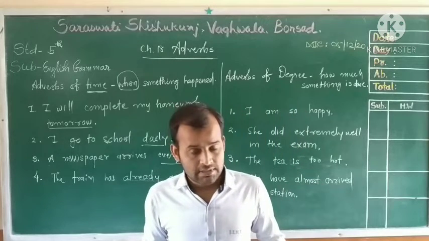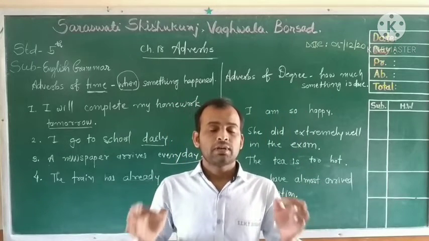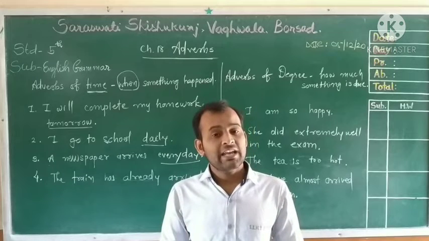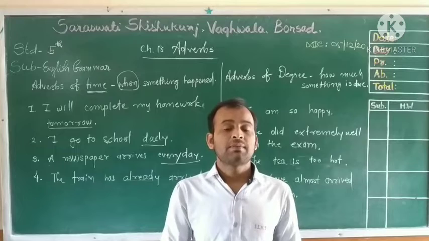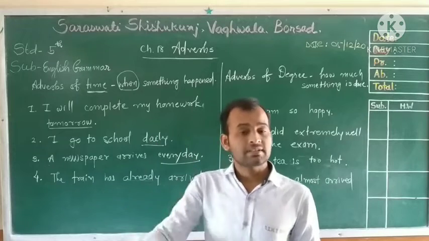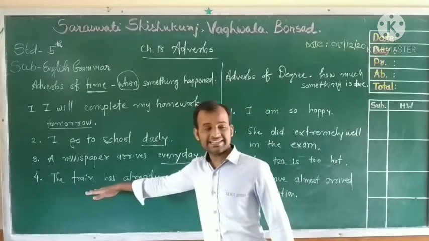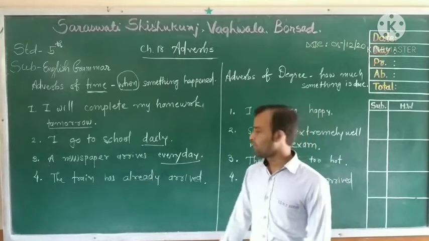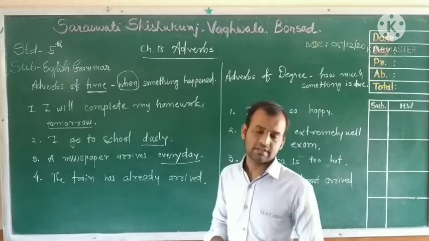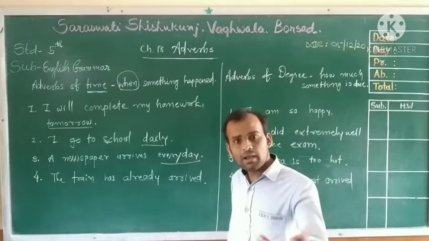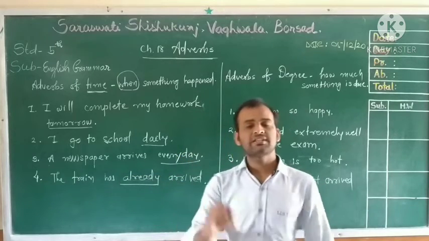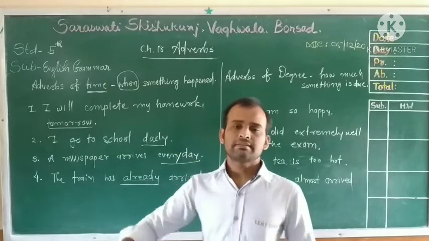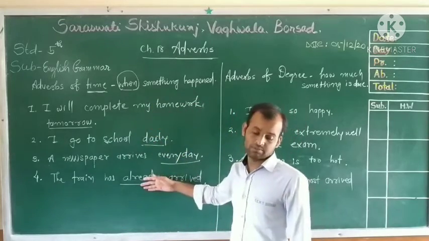My dear students, we have to remember which word shows time. It means adverbs of time in the statement. Next, the train has already arrived. When has the train arrived? The train has already. So here already indicates time. So we can say these are adverbs of time.